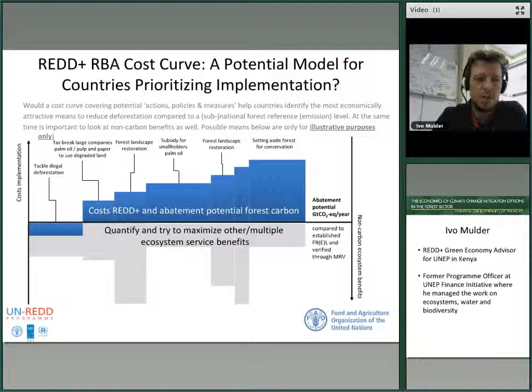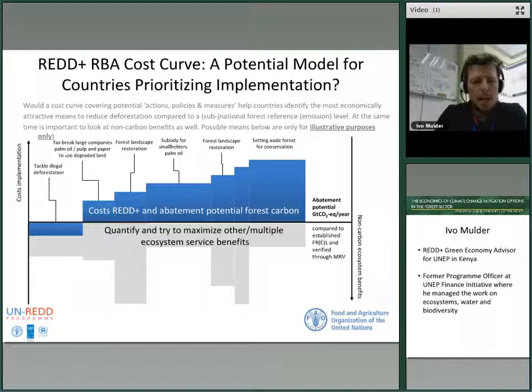results-based actions. While looking at carbon is important to be eligible for results-based payments, the ability for countries to get results-based payments or finance for reducing deforestation and forest degradation rates compared to a baseline of forest reference emission level or forest reference level.